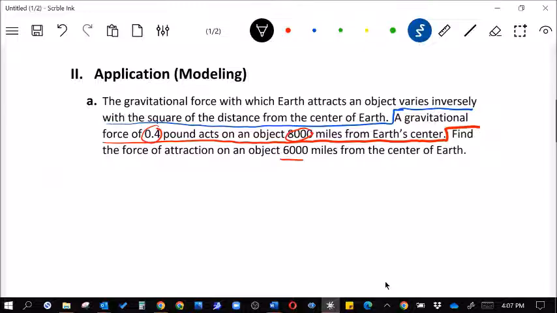So I like to use X and Y. However, this one lends itself, more than lends itself, we should think of it in terms of F of the force. And then over here, we have a distance. So with distance, we can use D. So those are the two variables that we'll use. But also, let's think about the fact that the distance would count as the X value because it's the independent variable.